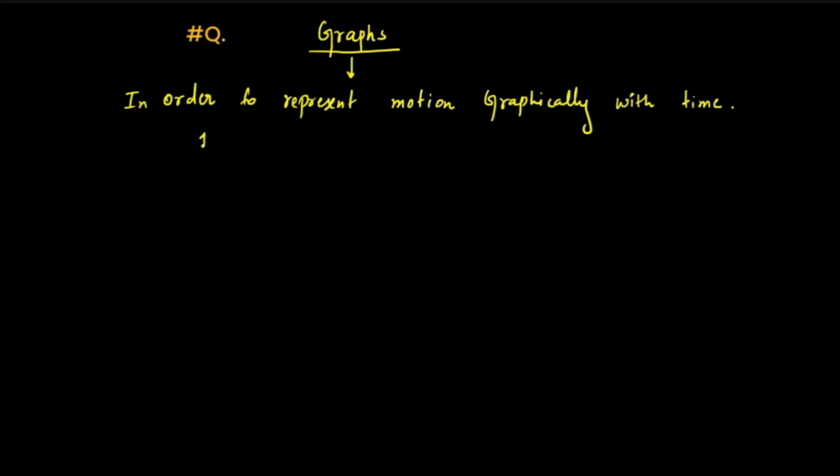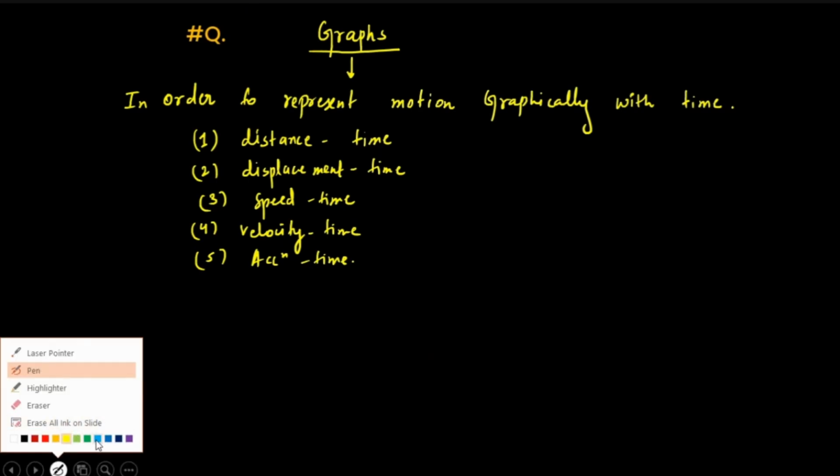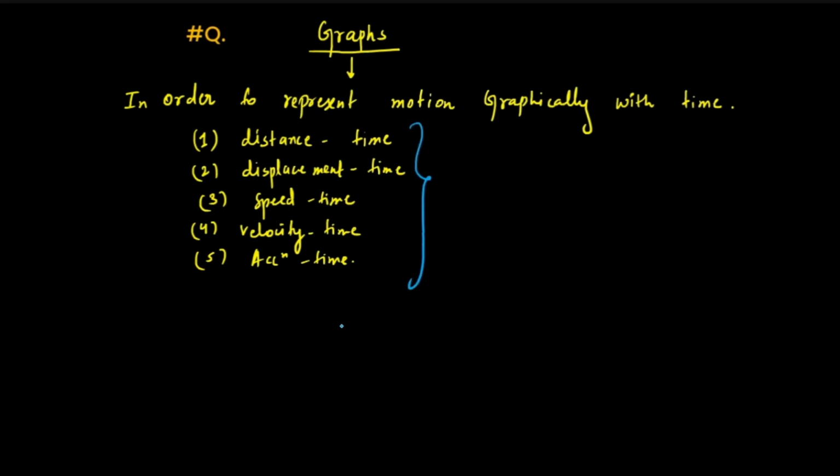There are types of graphs. It can be a distance-time graph, showing how much distance the particle is covering. Then there is a displacement-time graph. Then we'll have a speed-time graph. Then a velocity-time graph. Last, an acceleration-time graph. So these are the five types of graphs we are going to learn in this particular part of the chapter.